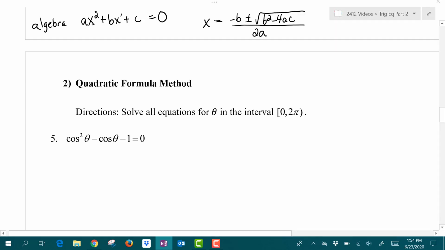Now the difference is when we're talking about trigonometry that we usually don't have an x in the problem. Instead of x and x squared, we might have something like cosine squared x and cosine. Or we might have sine squared and sine.